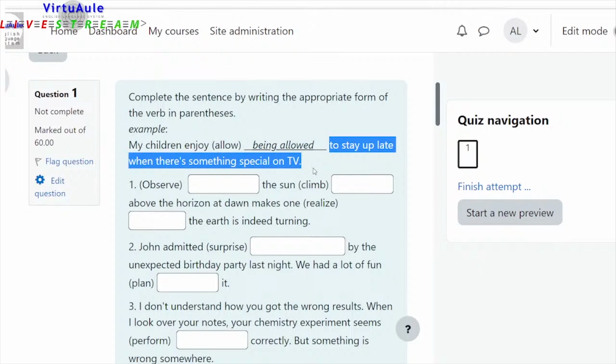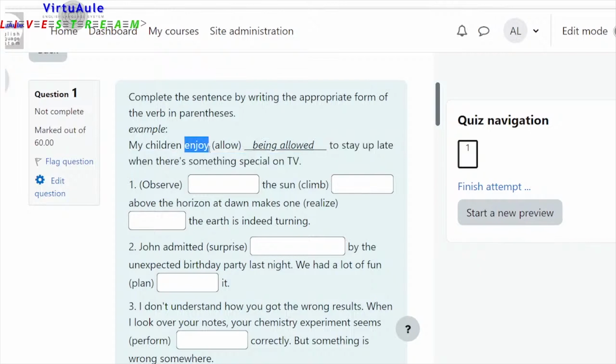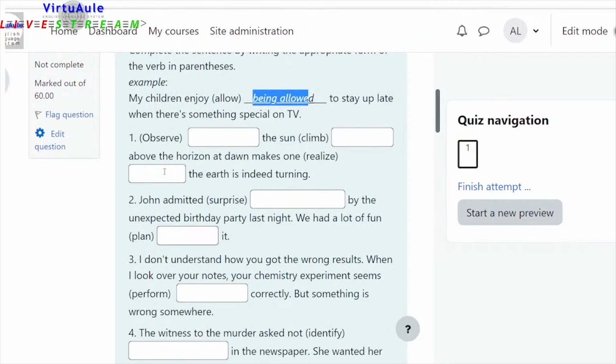So my children enjoy, and then you have to change allow to the correct tense, which is in this case passive. After enjoy, you need an ing. So the correct answer is: my children enjoy being allowed to stay up late when there's something special on TV.